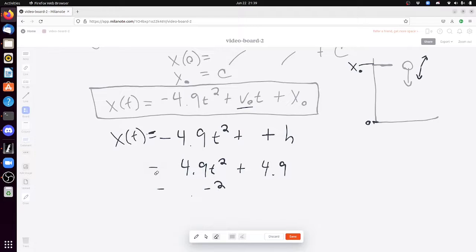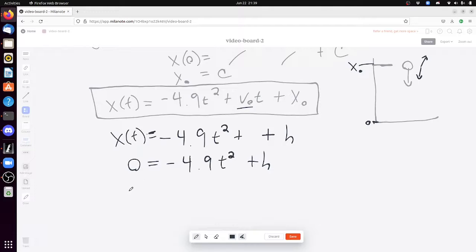We can actually generalize the amount of time it takes to fall by just basically assuming we don't add an initial velocity to it. So we would do that by basically setting this equal to 0, and then we have this, obviously negative 4.9 t squared plus h, and then we basically just solve for t.